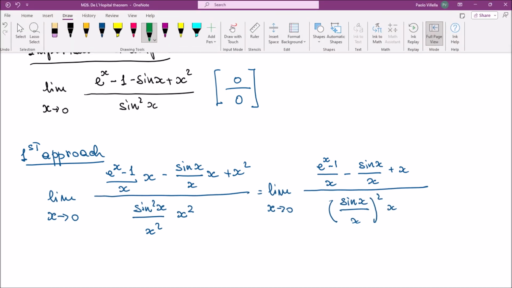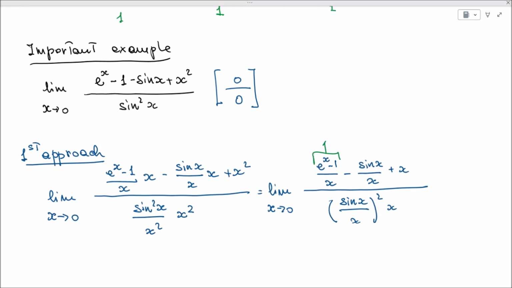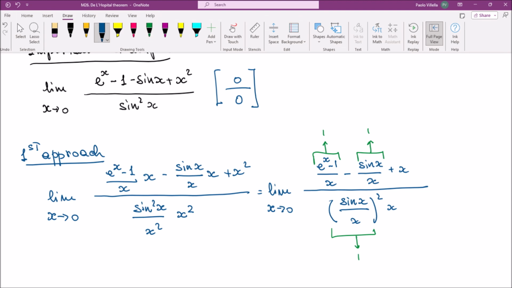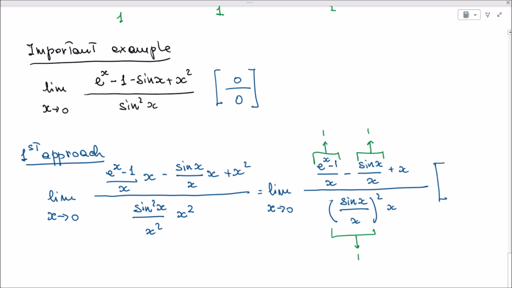And now we know that this tends to 1, this tends to 1, this tends to 1. So we didn't fix the problem because we are still in a situation where we have 0 over 0. So this first approach doesn't seem to work.